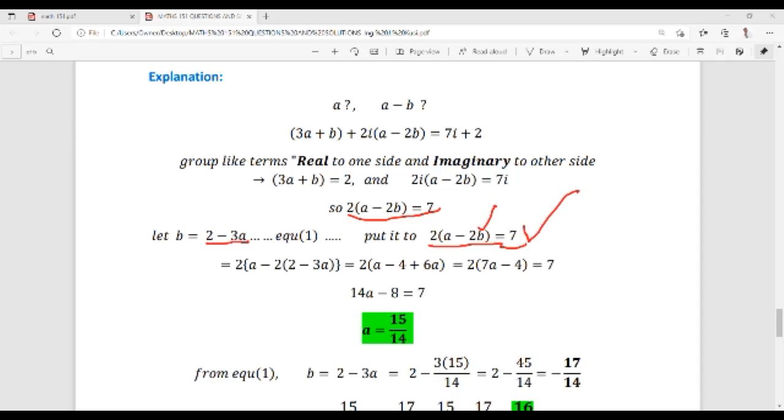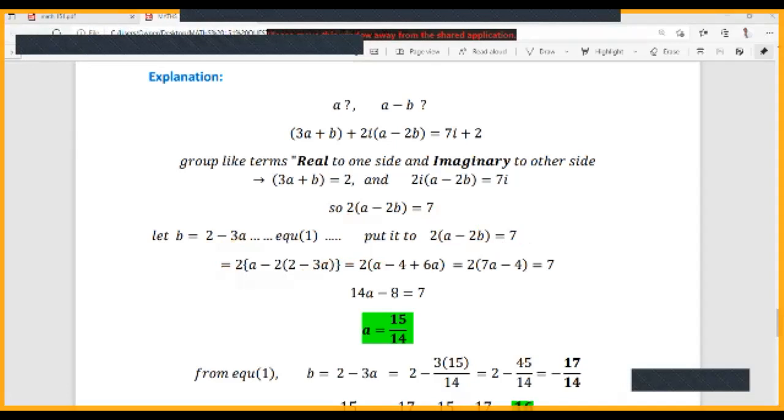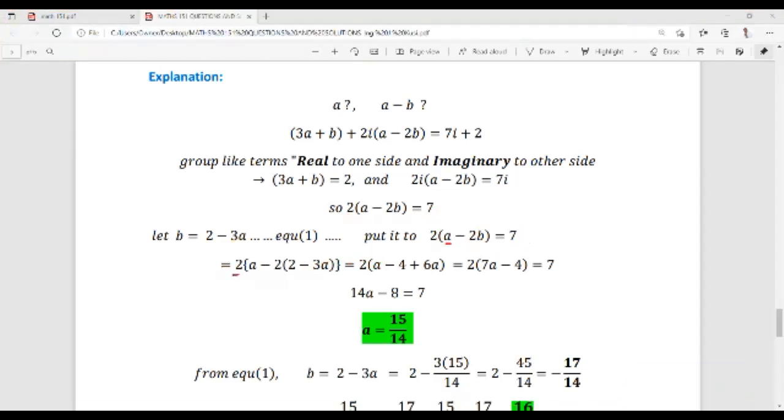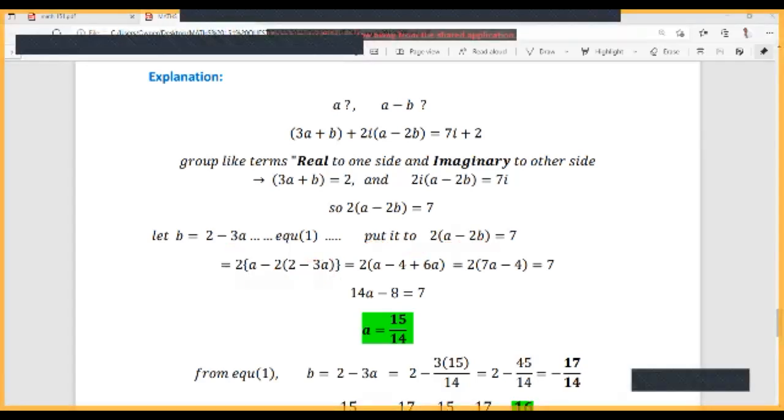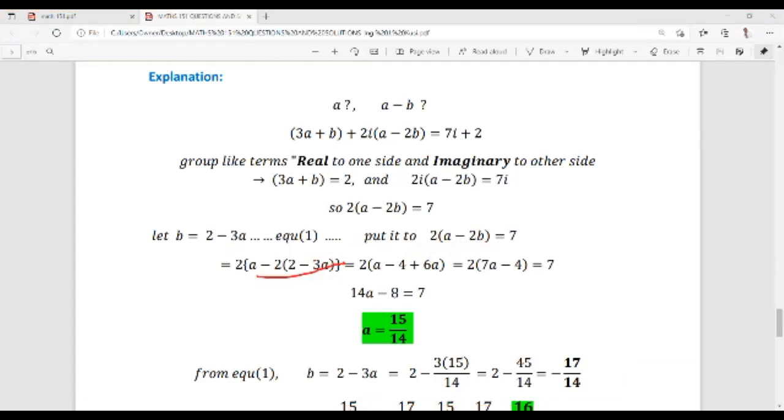This is the 2, and this is the A. This is minus, and this is 2, then into bracket B. So in place of B, I brought 2 minus 3A into this equation. Are you okay now? Okay. So once you get this, then you can expand this. So expanding this, you will get it this way.